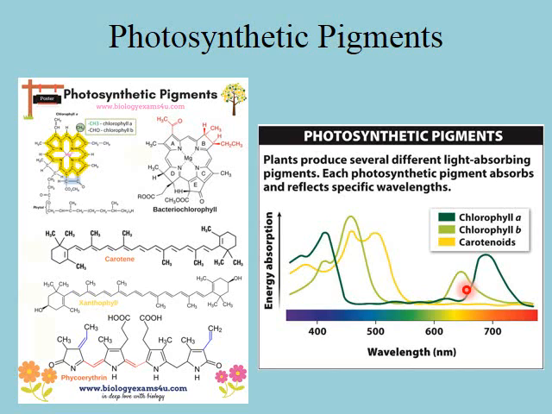If you were a plant in the tropics, maybe you do not need to worry about having carotenoids and xanthophylls, because you have direct sunlight hitting you, and just having the chlorophylls is enough to get all of the energy that you need.